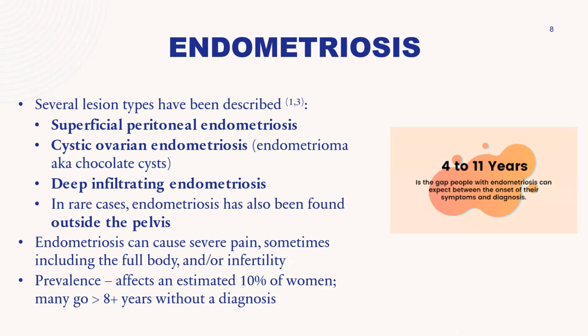Cystic ovarian endometriosis, aka an endometrioma or chocolate cysts, the cysts that are found on the ovaries. Deep infiltrating endometriosis, also in the literature known as DIE, which is endometriosis found in the rectovaginal septum, bowel, or the bladder. And then in rare cases, endometriosis has been found outside of the pelvis.